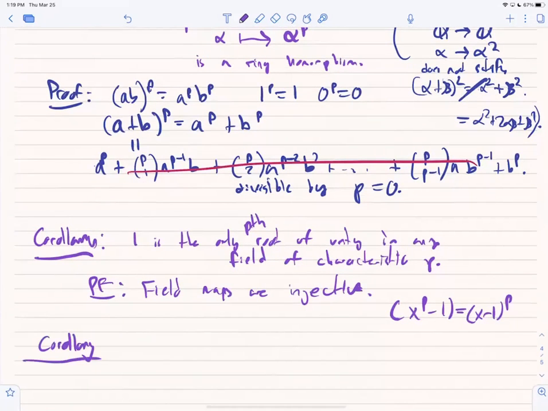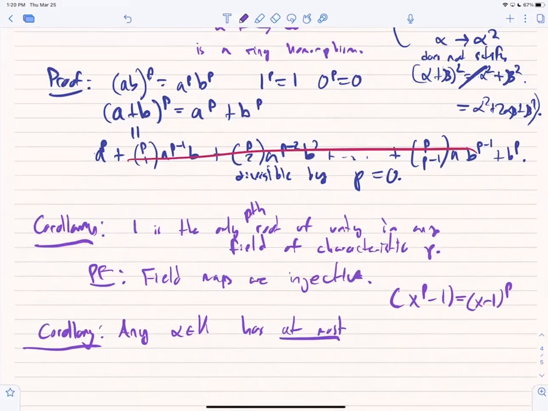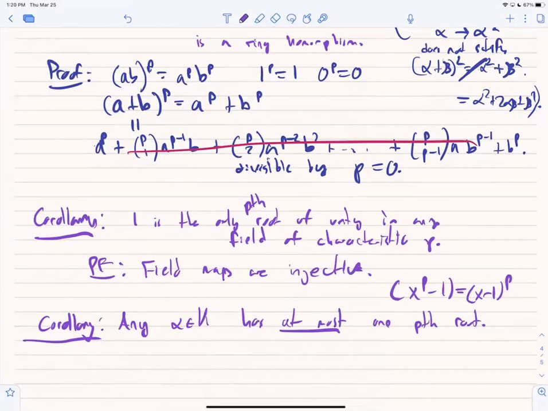Another corollary is that any alpha in k has at most one p-th root, because if alpha to the 1 over p is such a root, then again the p-power map is injective, so it's the only one.